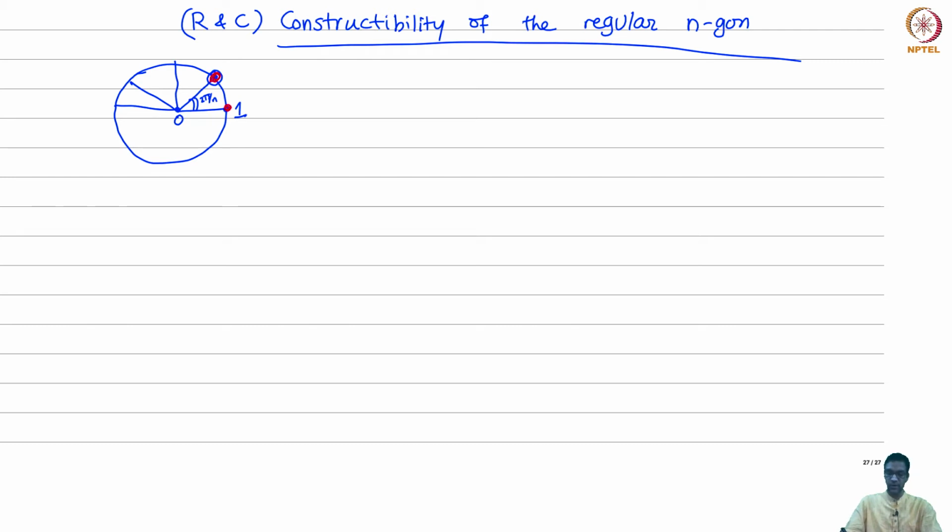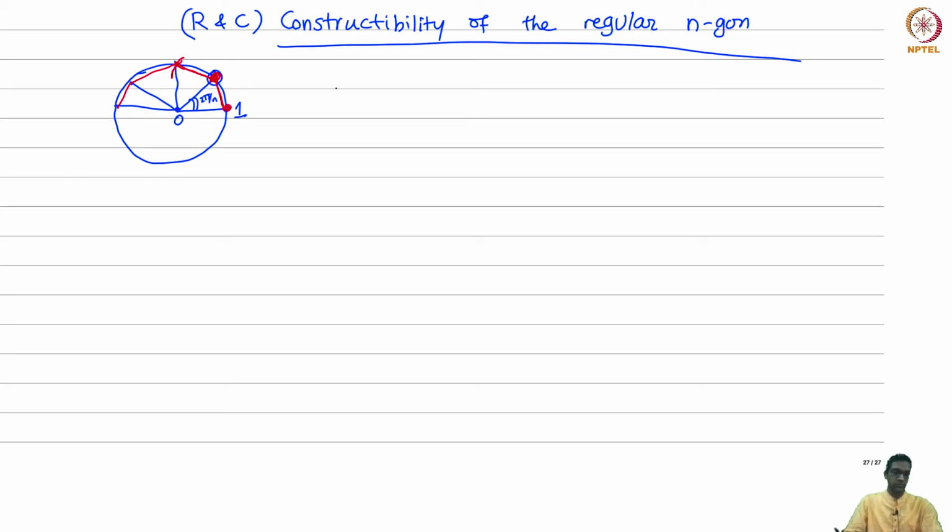I just keep my compass here, I measure this distance, and now I put the center of my compass at the next point, and then I cut out the same distance here, so that will give me the next vertex. Again I measure the same distance, and so on. Once you know what the correct distance is of a side of a regular n-gon, you can just measure that everywhere and construct the full regular n-gon.